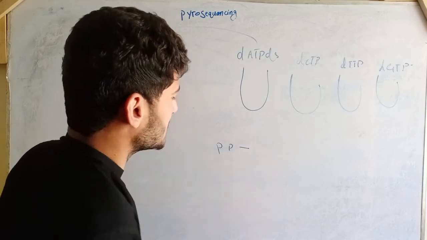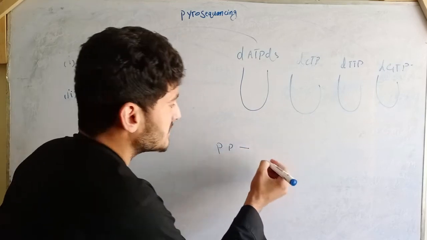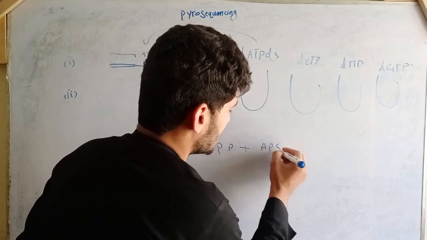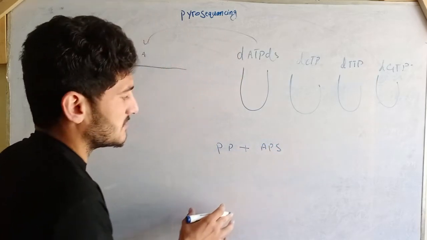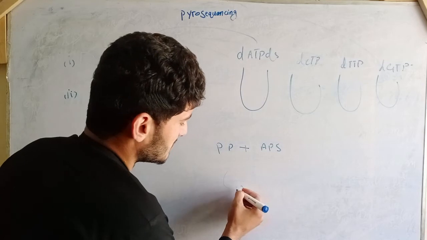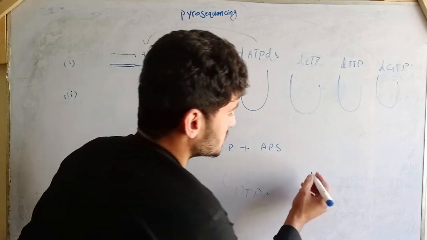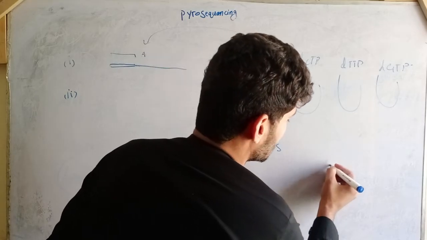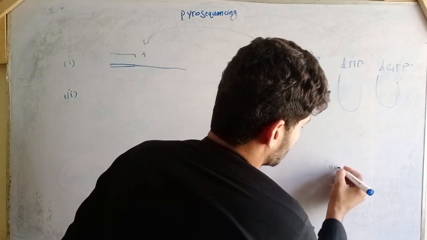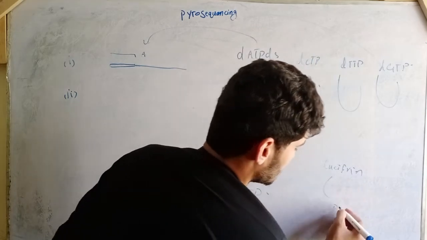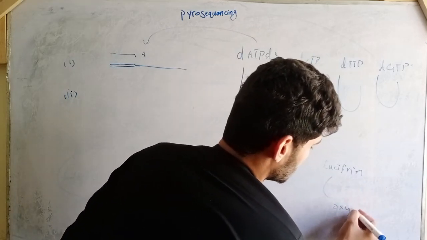This pyrophosphate combines with APS, and then this APS makes ATP synthesis, and then this ATP is used by luciferin and converted into oxyluciferin.